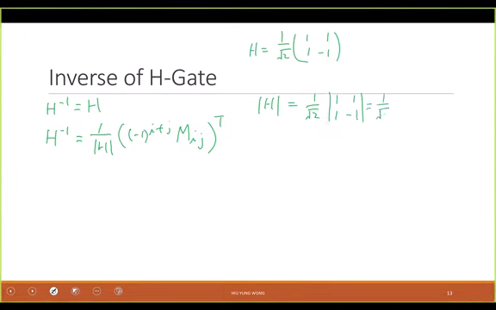It is 1 times negative 1 minus 1 times 1. You go along this diagonal minus the diagonal in the other direction. And this equals negative square root 2, I believe, because this is negative 2. Is that okay? I will slow down a little bit. Is that okay?